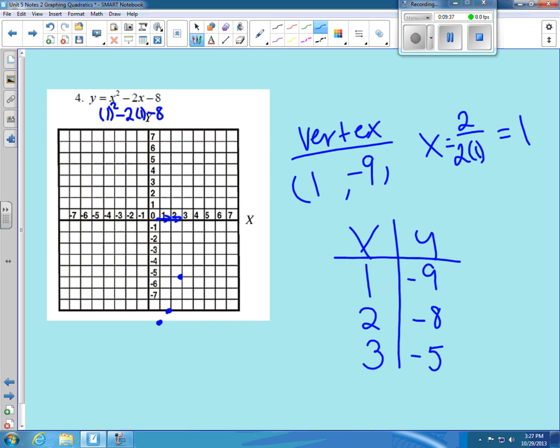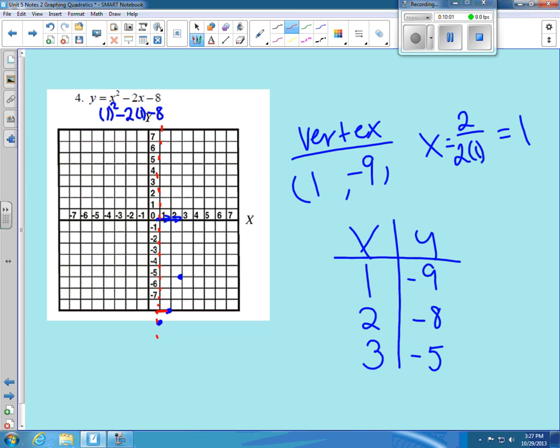Now we've graphed our table values, and if you go back to your notes, your steps, step 3 says graph the values from the XY chart. Then it says draw our axis of symmetry. So we're going to draw our axis of symmetry. What we are going to use that for is to draw our other points on the other side of the parabola.